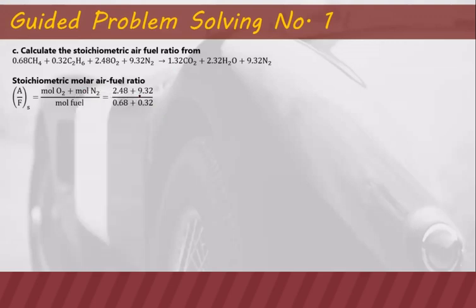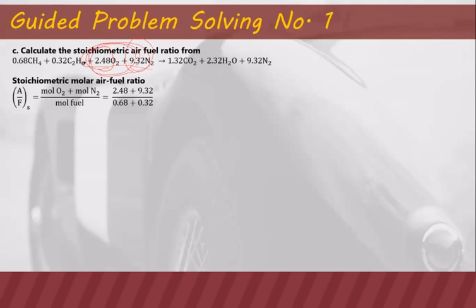From our equation, the number of moles of oxygen is 2.48 and the number of moles of nitrogen is 9.32. Take note that these two constitute our air.